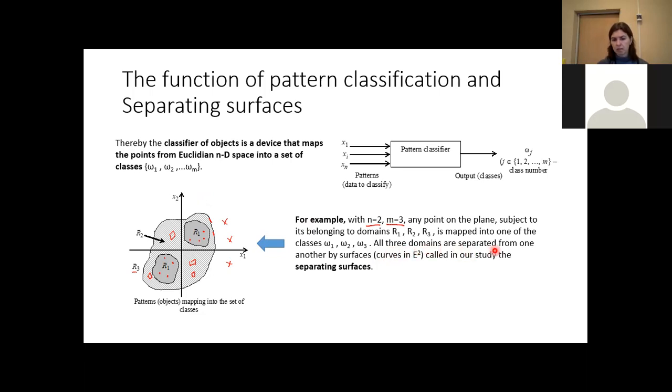All three domains are separated from one another by surfaces. In this case, they are curves, called in our study the separating surfaces. So these are the surfaces which separate two areas on the plane or surface with different classes.